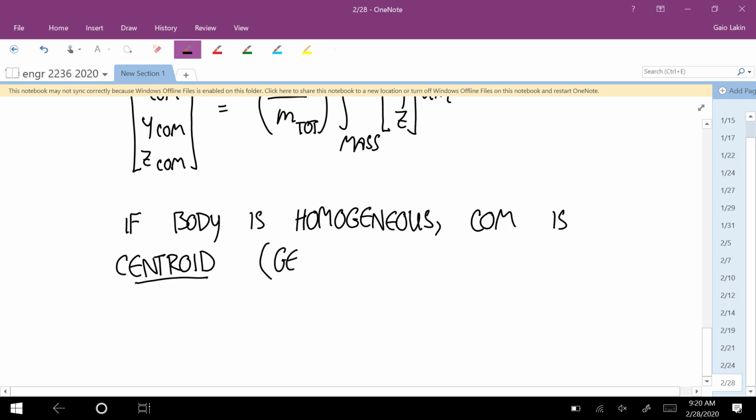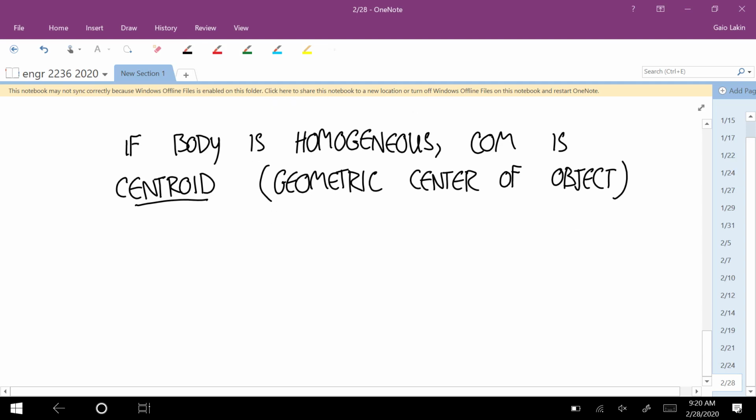Think of it as just the geometric center of the object. Yeah, we are only going to deal with homogeneous.